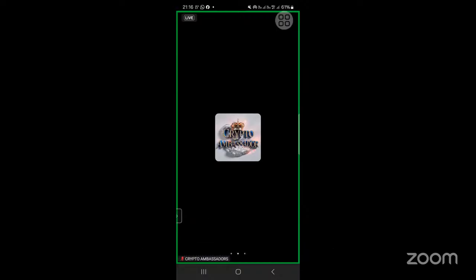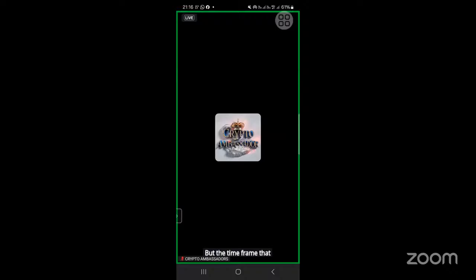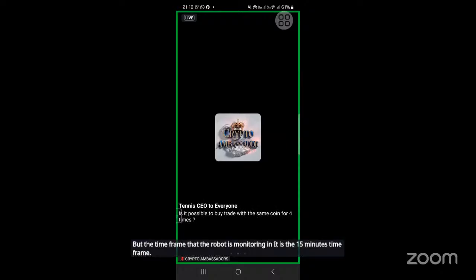No. When I say the robot should monitor a MACD happening in 15 minutes time frame, it does not mean that the robot is going to buy after 15 minutes. No. But the time frame that the robot is monitoring in is the 15 minutes time frame. I don't know if this makes sense.